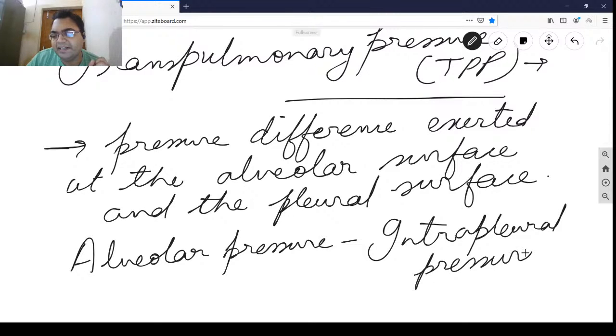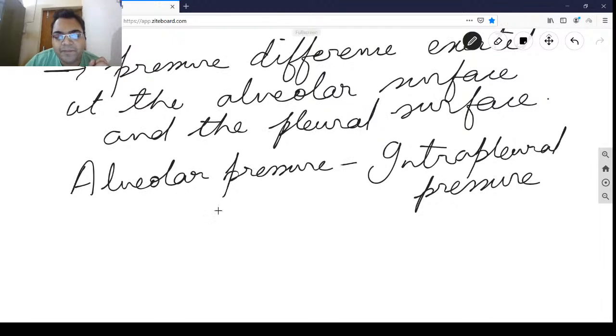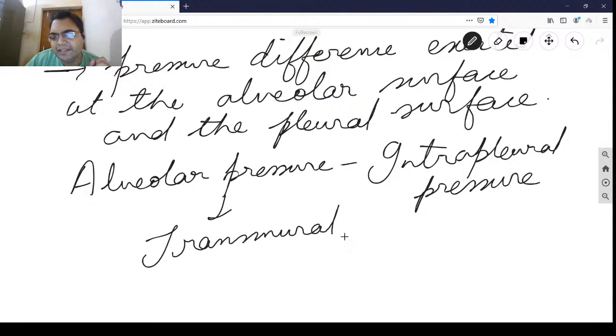Simply I can write it like that. This is the transmural pressure between the alveoli and the pleura, also known as transmural pressure. Very, very significant.